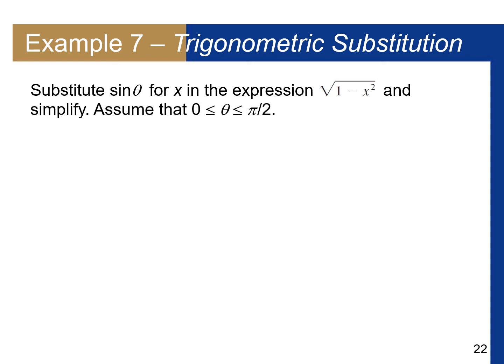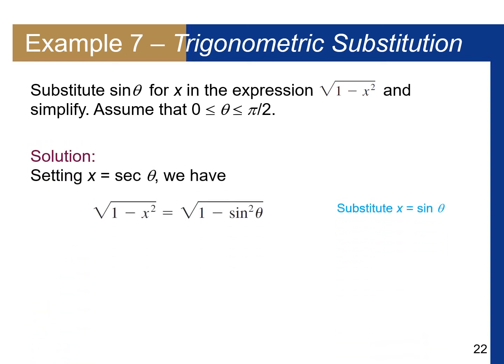Why am I doing that? Because I have positive and positive for my sine and cosine in quadrant 1. So I can see that I could actually make the square root of 1 minus x squared equal to the square root of 1 minus sine squared theta.